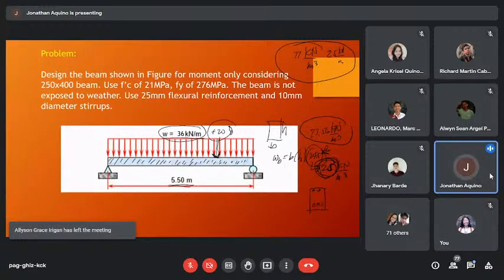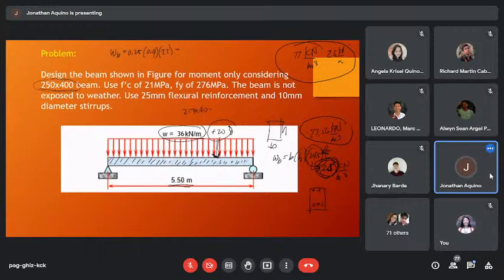Okay? So this one is with the given size of beam, 250 by 400. By the way, since given pala dito yung beam size natin, 250 by 400, we can determine the exact unit weight of the beam. So the weight of beam is 0.25 times 0.4 times, let's say we use 25 kilonewton per cubic meter.